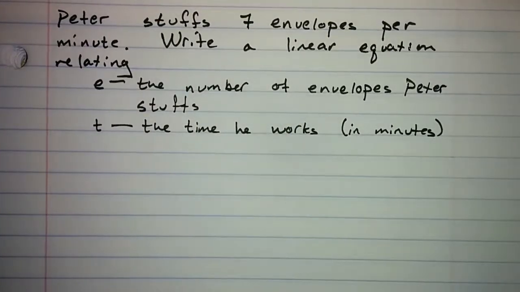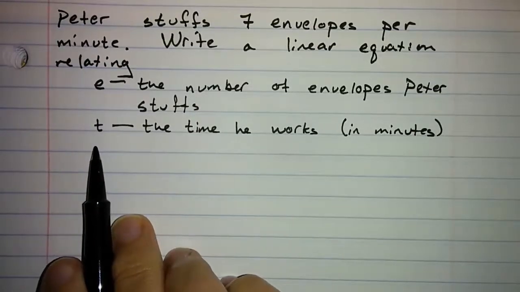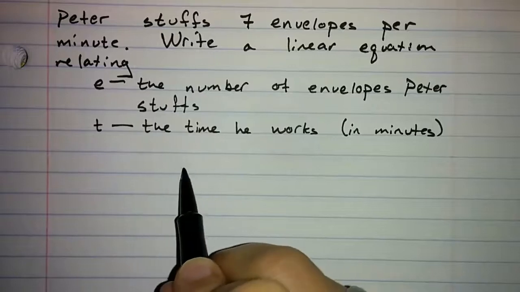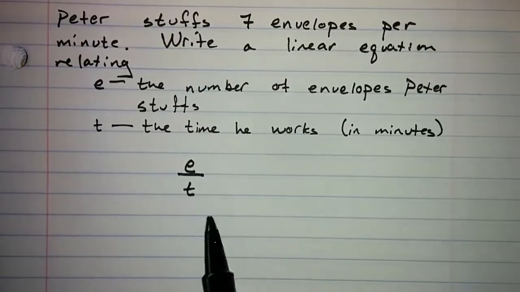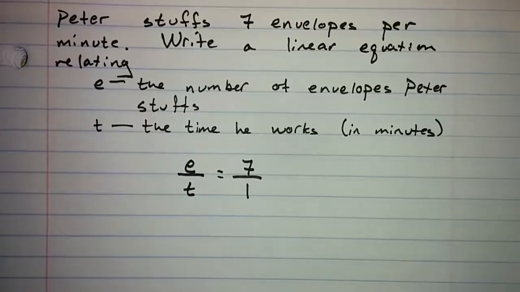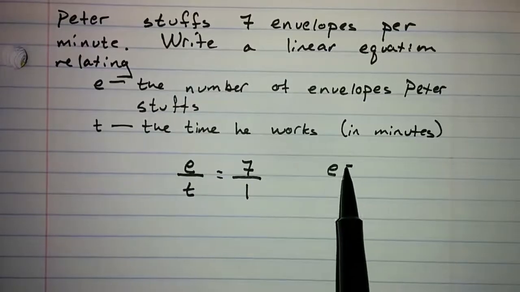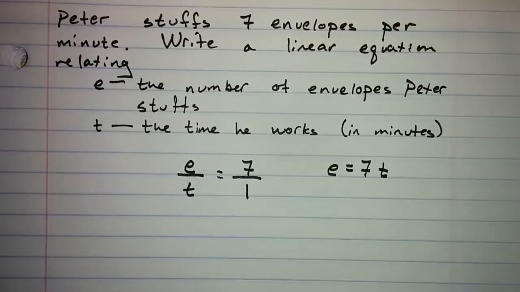Write a linear equation relating the number of envelopes he stuffs to the time that he works. So the number of envelopes over the amount of time is 7 envelopes per 1 minute. Cross multiplying, the number of envelopes is 7 times the time.